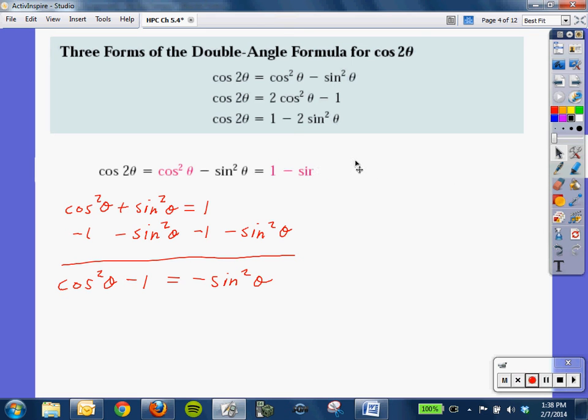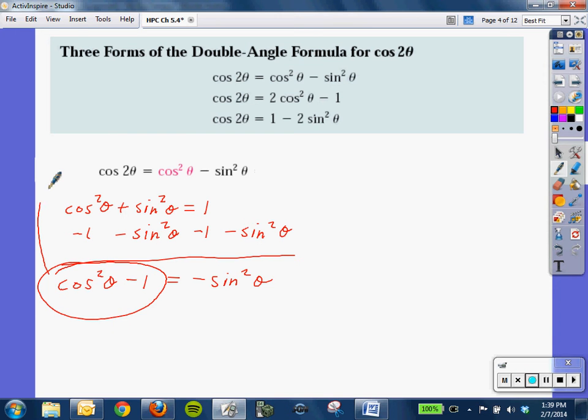So to address somebody's question, how do you come up with the second one? If you were to solve for a minus sine squared, you would end up with cosine squared minus 1 is equal to negative sine squared.